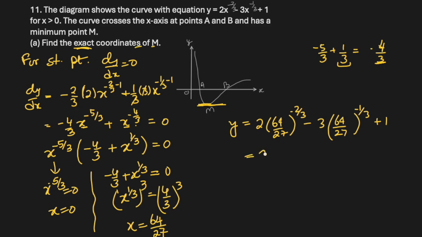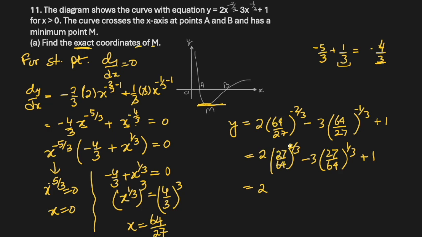So let me do it mentally. You can use calculator. So minus 2/3, to make it positive, I'll reciprocate this. So it will become 27 over 64 to the power positive 2/3 minus 3 times 27 over 64 to the power positive 1/3 plus 1, which is 2.